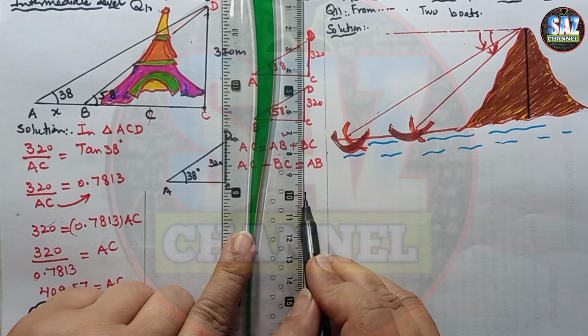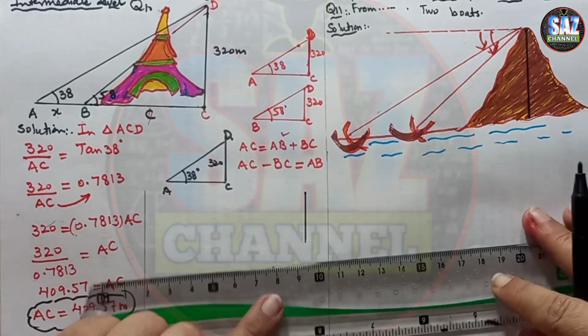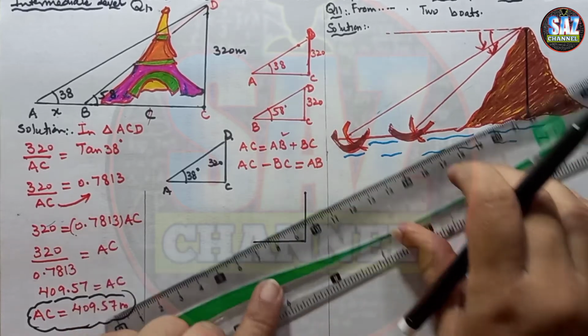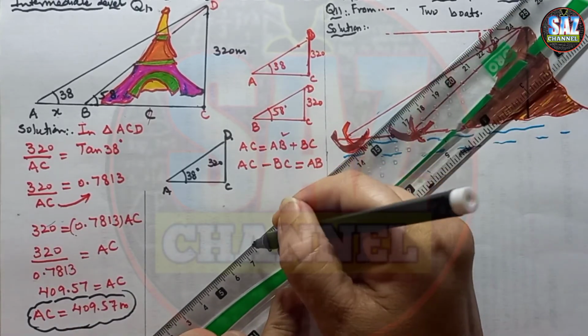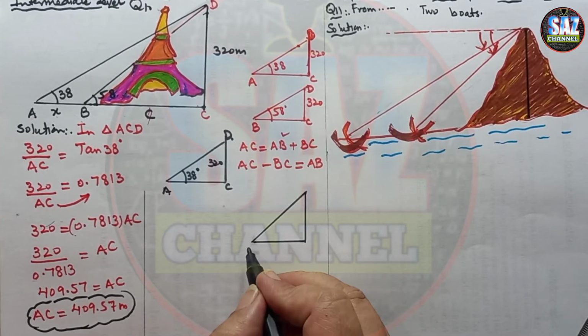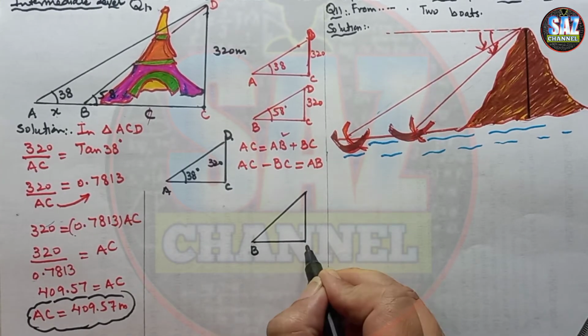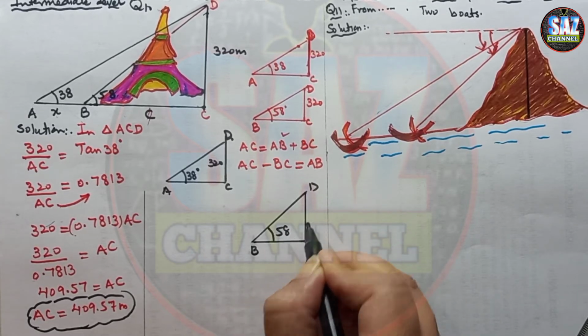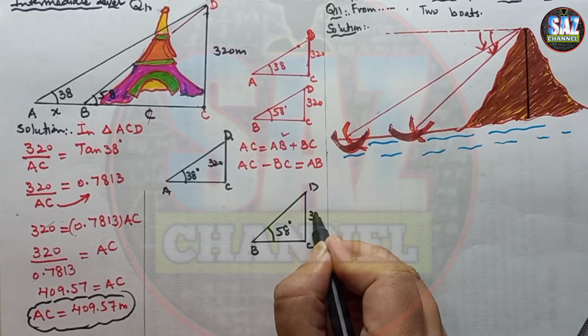Let me draw the figure here. Okay, BCD. If the previous lesson is clear, then this question will not be difficult for you, because almost all the questions have the same format. B, C, and D. This is 58 degrees and this is 320 meters.